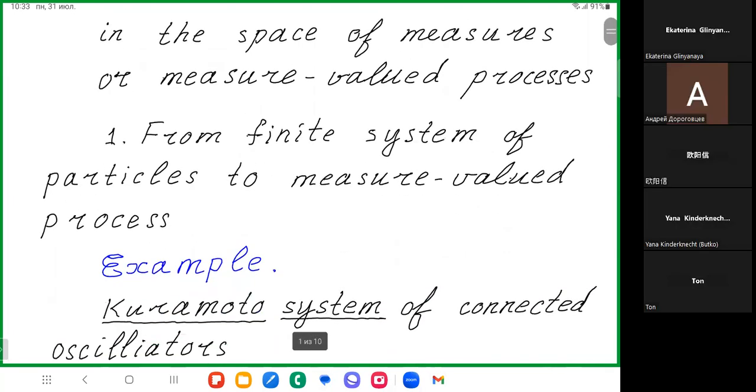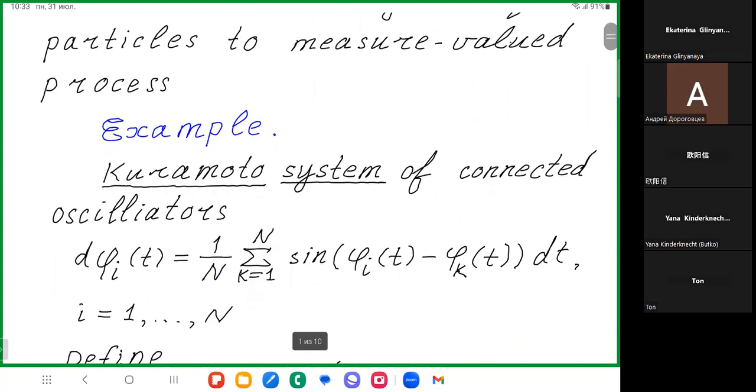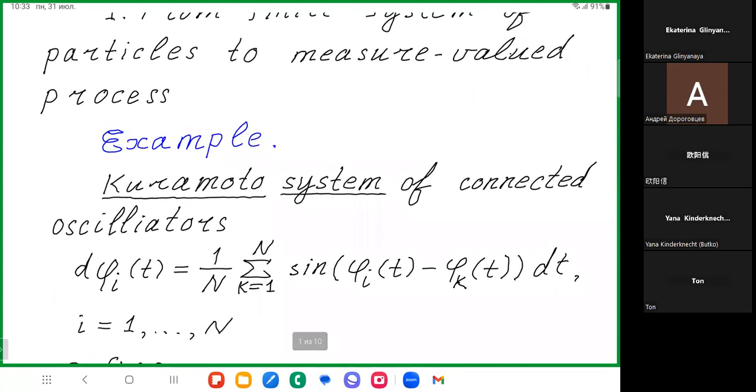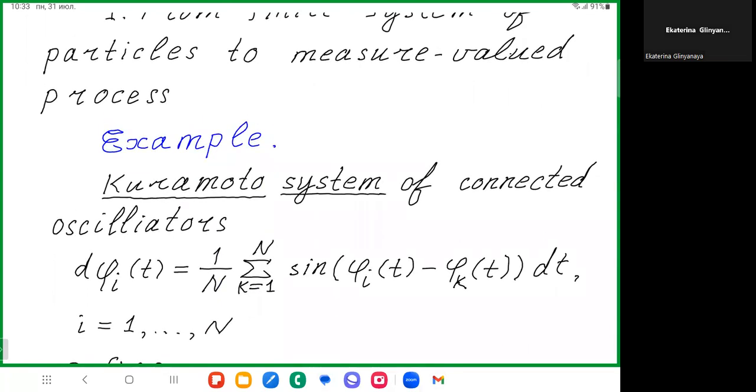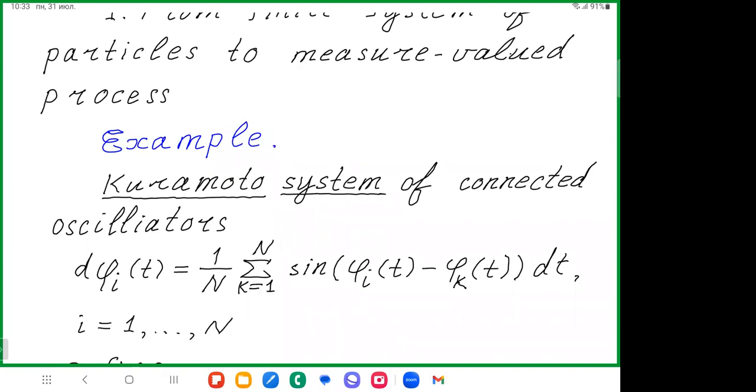This is the well-known Kuramoto system of connected oscillators. Here phi 1 and so on, phi n, are the angles of oscillators, and they are connected in such a way, as you can see in this equation. This equation is interesting for different reasons.